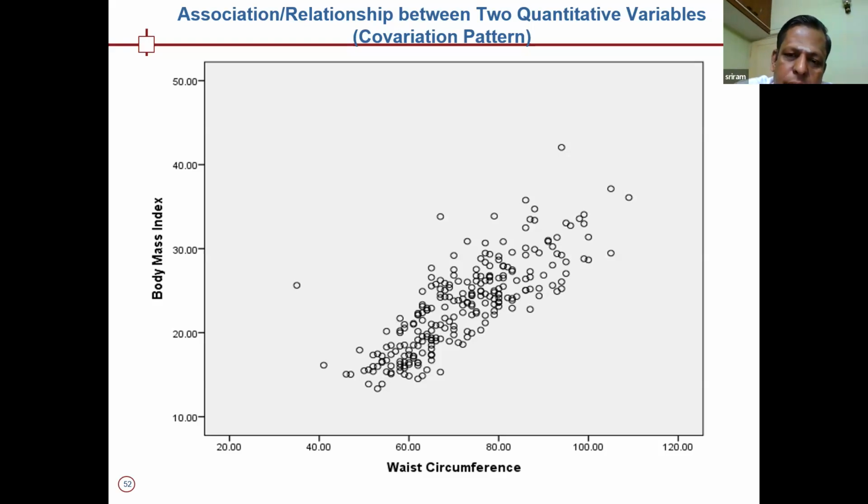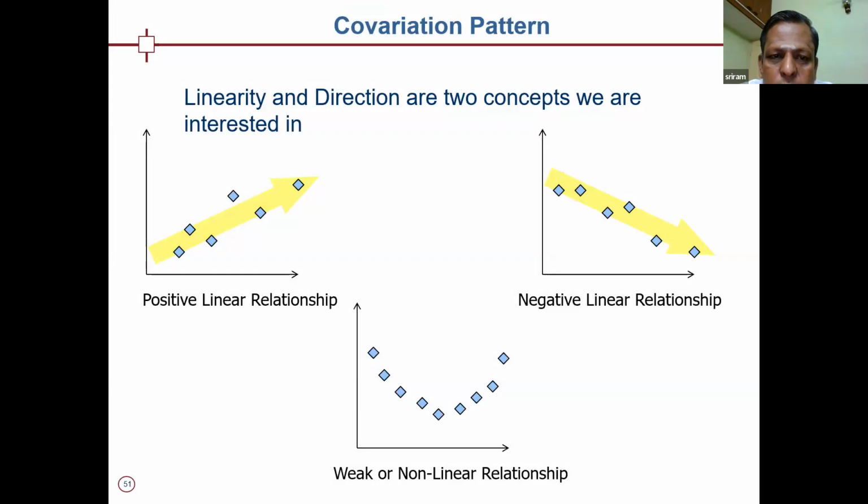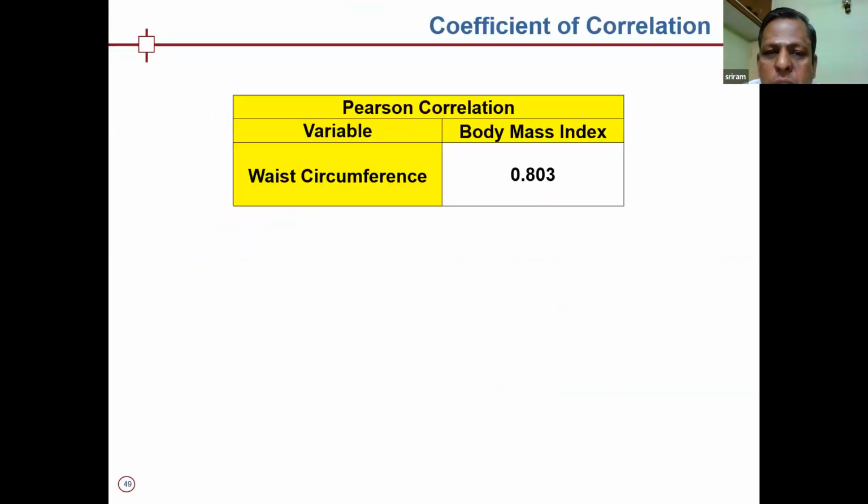After that, you see there is a relation: if the waist circumference increases, body mass index also increases, and this has to be statistically tested using Pearson correlation. The Pearson correlation between body mass index and waist circumference is 0.80, very high correlation. That is also very clear in the graph.